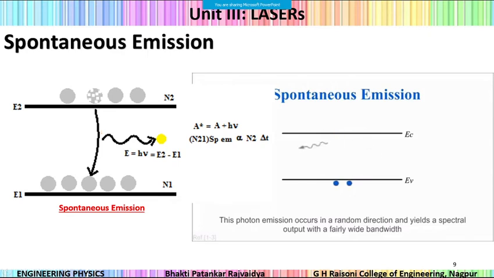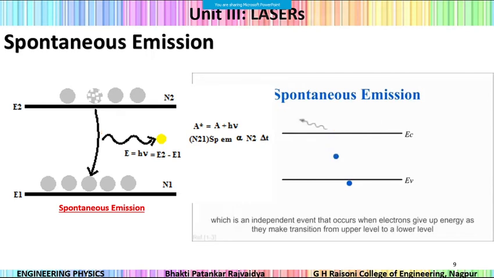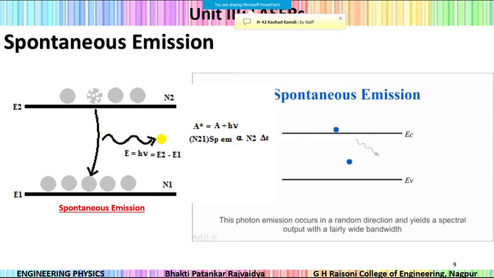So tell me, what does spontaneous mean? Spontaneous means, come on everyone, respond. Are you sleeping? By itself. Very good, Kashat. Anyone else? Spontaneous means self dependent. No, not sudden. Spontaneous means of its own.